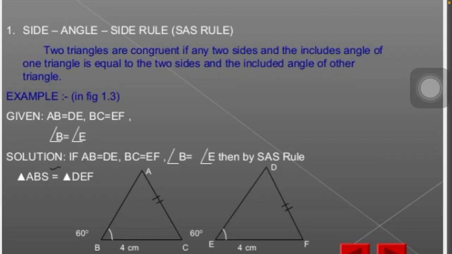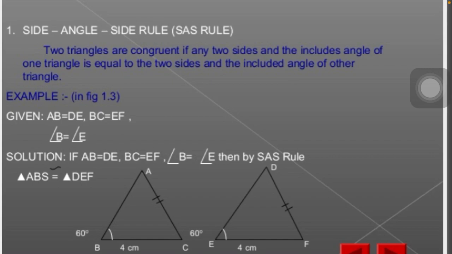Now how can you prove it? Side angle side is basically when you have two sides and the included angle equal, then you can prove the triangles to be congruent. So in a given question you will first write which two sides are given and which angle is given.